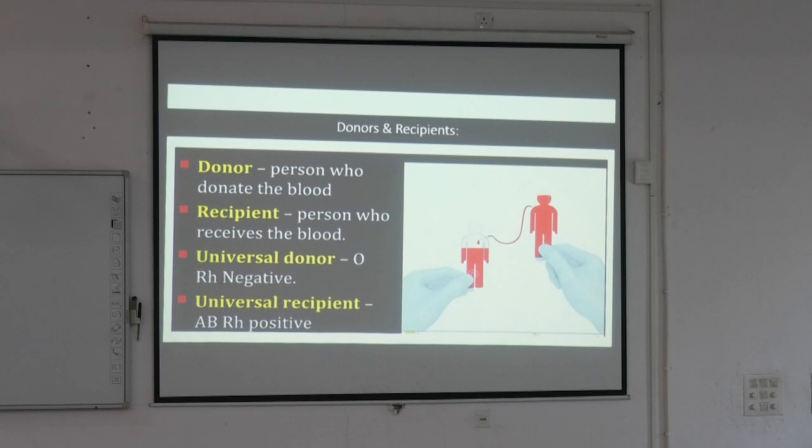The universal donor is O Rh negative, as it has no antigen on its surface, so there will be minimum chance of agglutination, as most agglutinogen or antigen is present on the surface of the RBC. And who is the universal recipient? AB Rh positive, as they lack both antibodies in their serum.